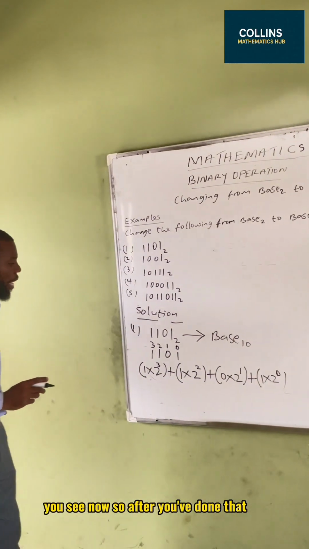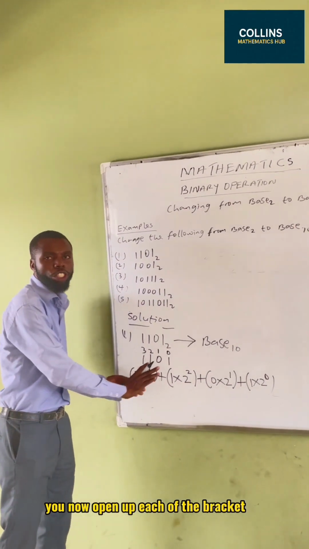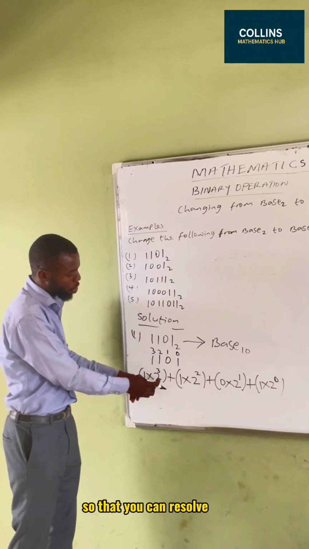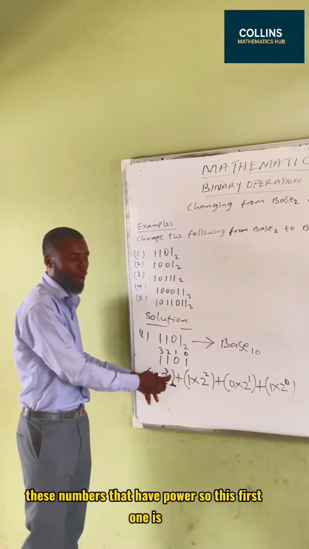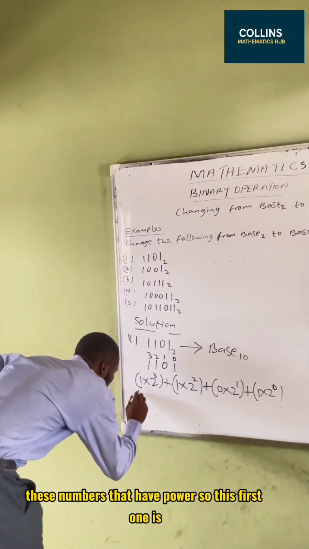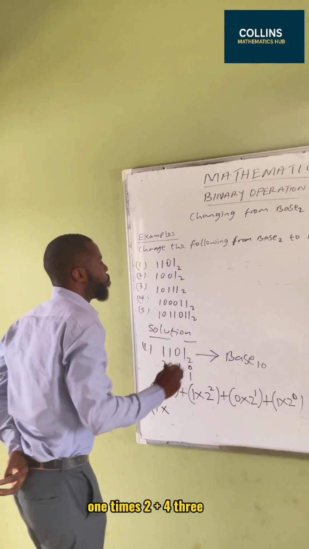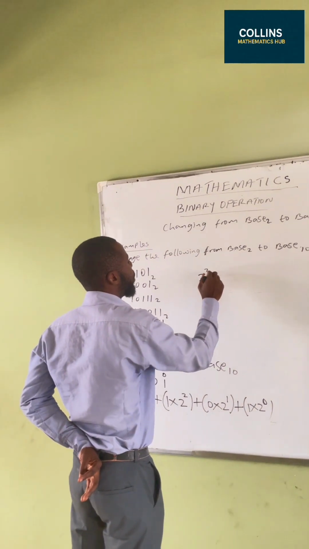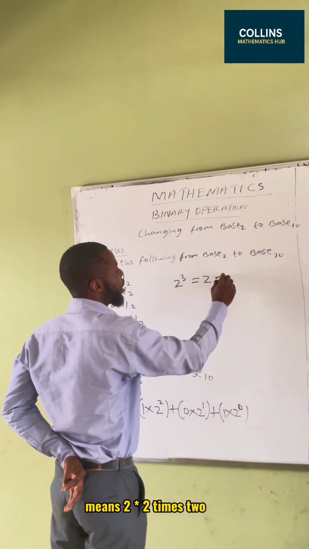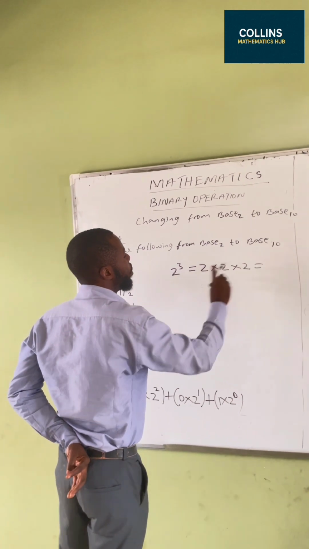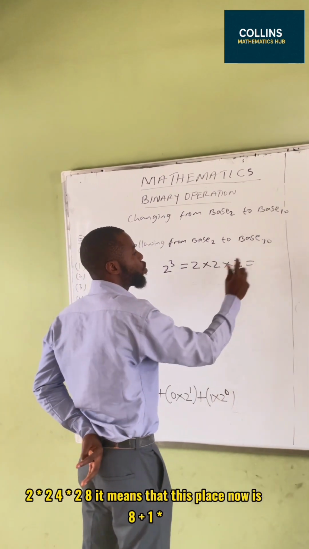So after you've done that, you now open up each of the brackets so that you can resolve these numbers that have power. So this first one is 1 times 2 raised to power 3 means 2 times 2 times 2. 2 times 2, 4 times 2, 8.